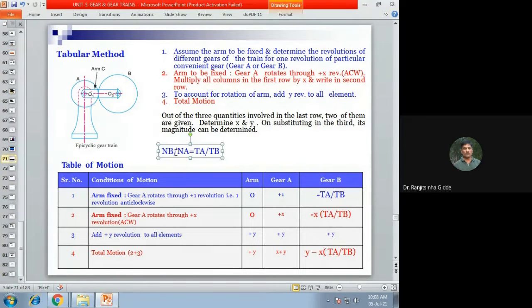Now NB upon NA is equal to TA upon TB. Now we know what is value of NA. NA means this +1. Here we have written gear A rotates through +1 revolution. So the same I will carry forward here, and here I will write inside the bracket 1.